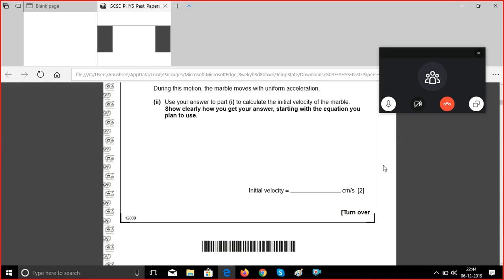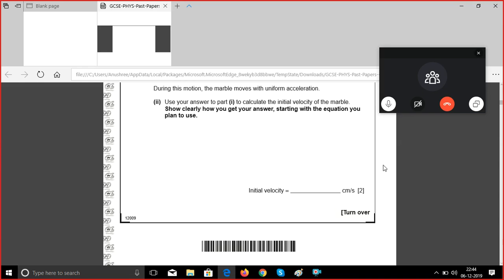So acceleration is v minus u over t, but here acceleration is not given. You can use the formula of average velocity, which is initial plus final divided by 2.